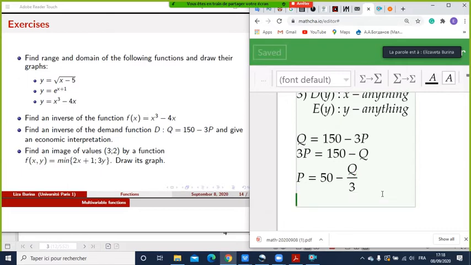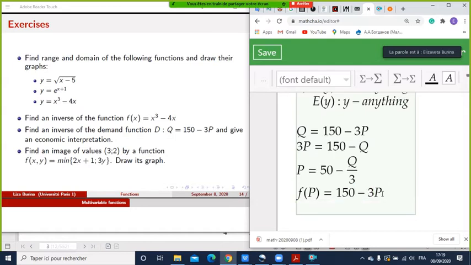If we wanted to write it mathematically with the notation of minus 1, first of all, we'd have to start with a function f of P equals 150 minus 3P.